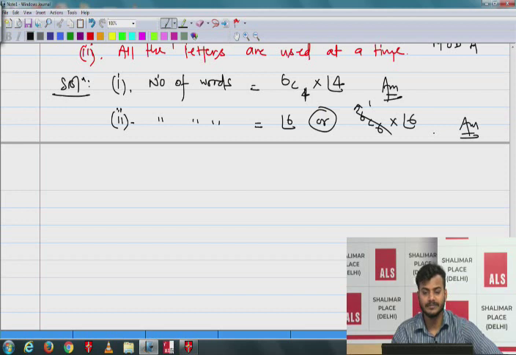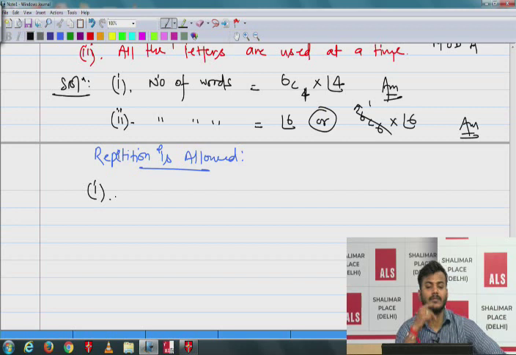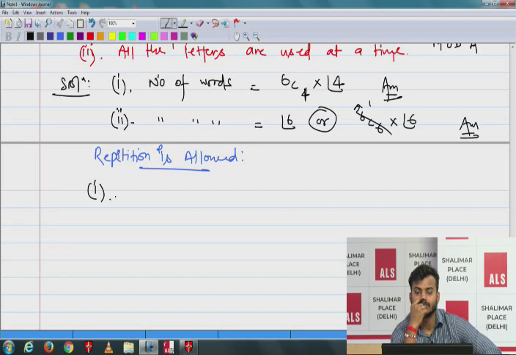Is that clear? Guys, if I were to ask you, if repetition is allowed, find out the answer. Again, the same, both the parts. Find out the answer first. Number of words. We have done the same problem, right? Where some powers will be raised.